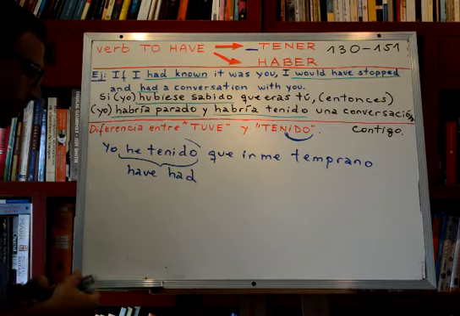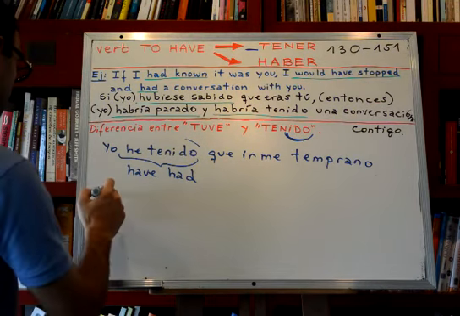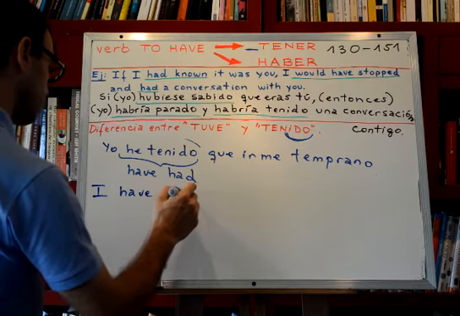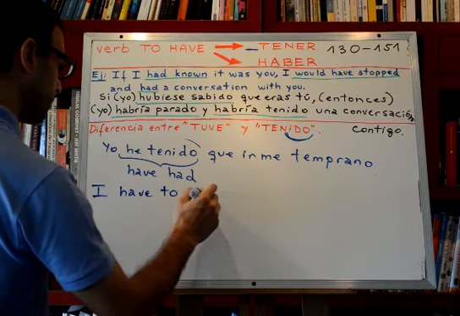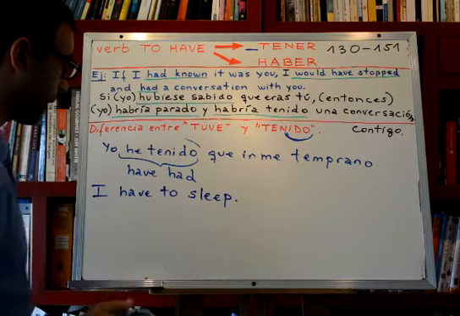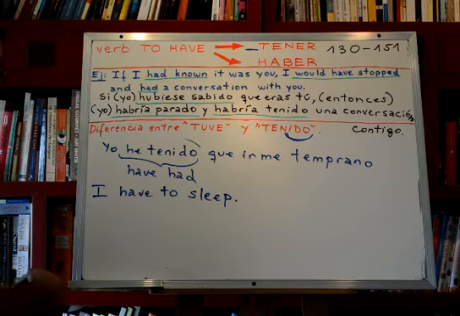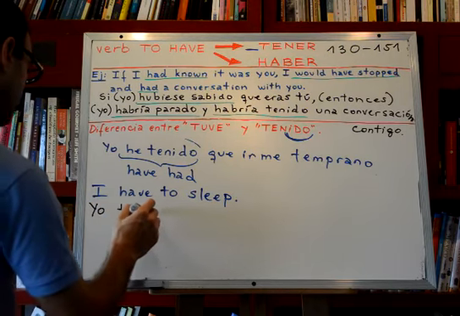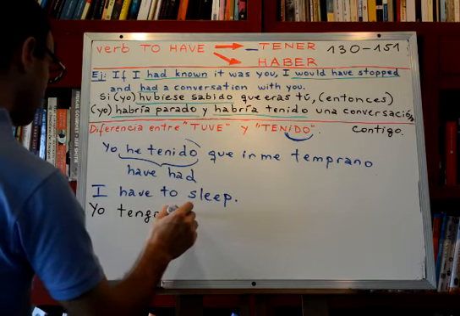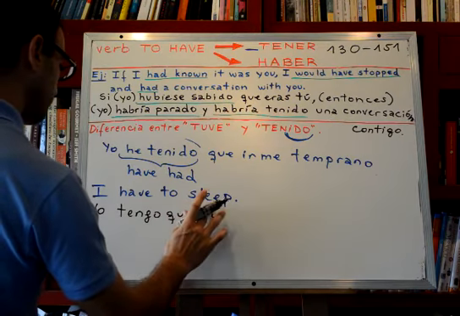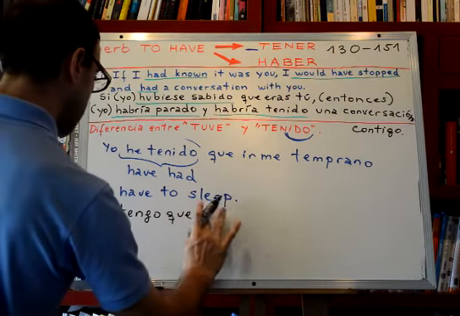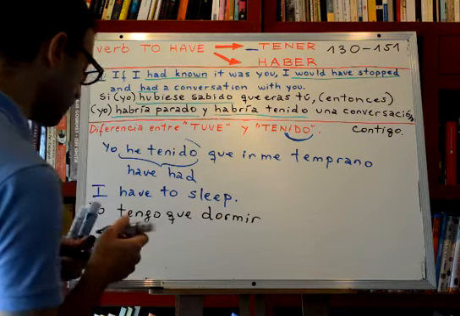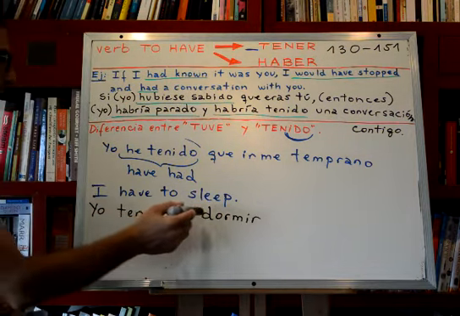So, for example, I have to sleep. Let's make it simple, a very short sentence. I have to sleep. Yo tengo que dormir, okay? Yo tengo que dormir.